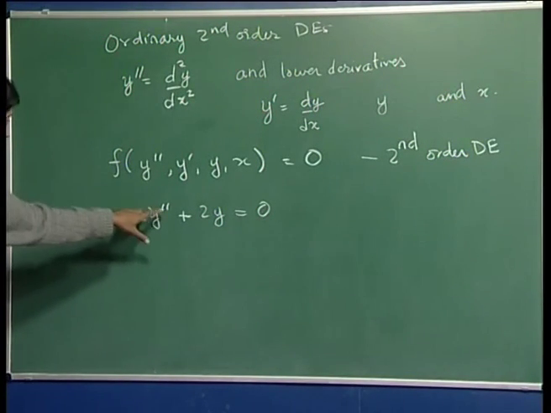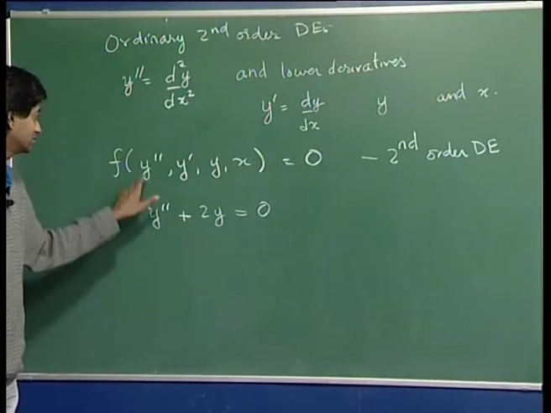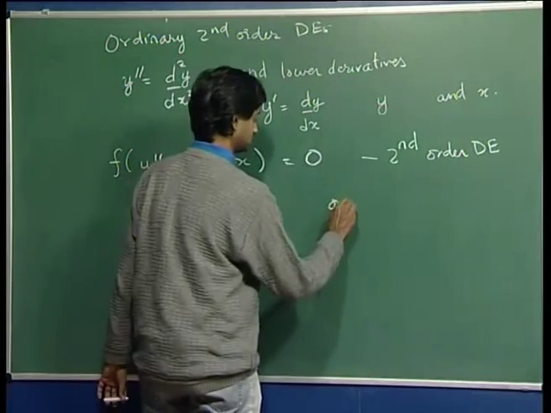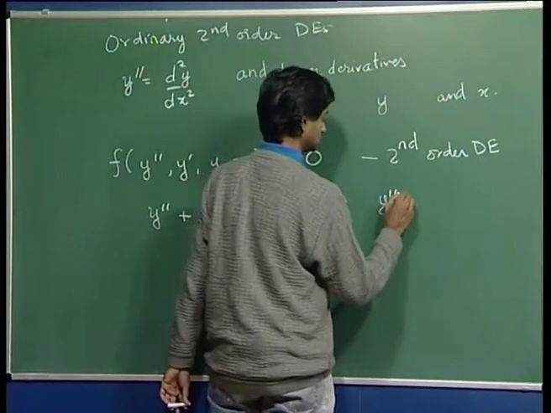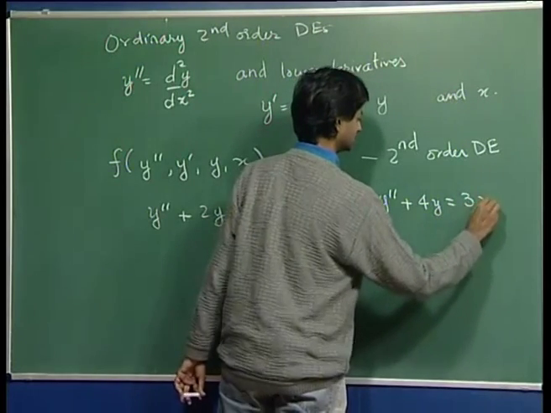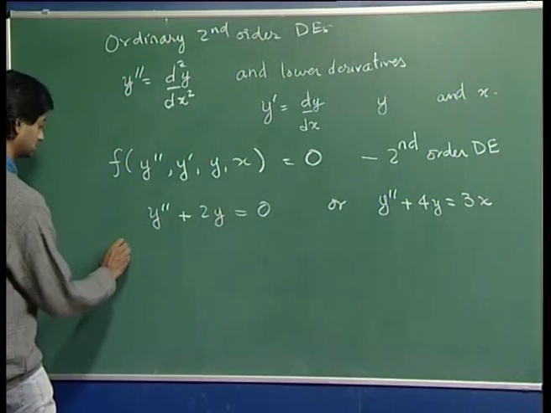This particular equation contains only y double prime and y, okay, but in general it can contain all those, or you can have x.